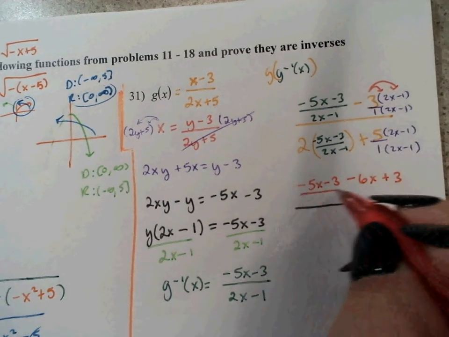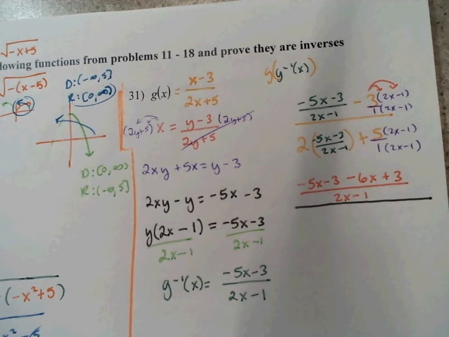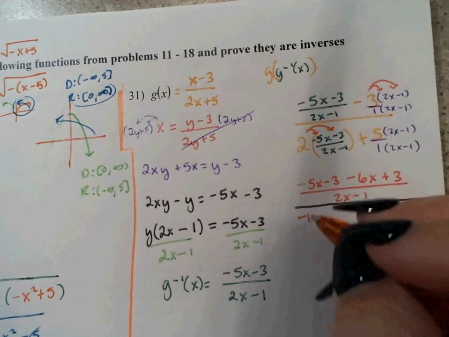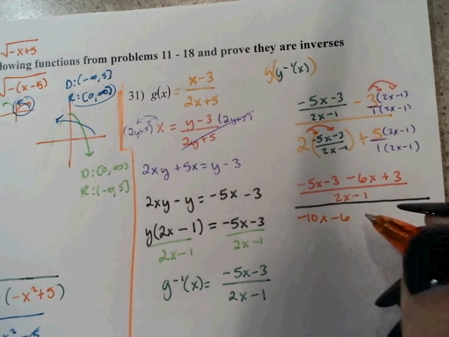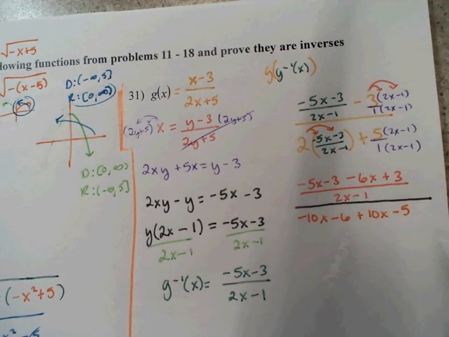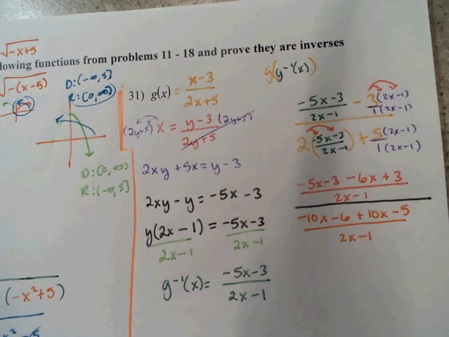So when I distribute that over the common denominator, 2x minus 1. Then my denominator becomes, I'm going to distribute this 2. So negative 10x minus 6 plus 10x minus 5 over the common denominator in the denominator, 2x minus 1.